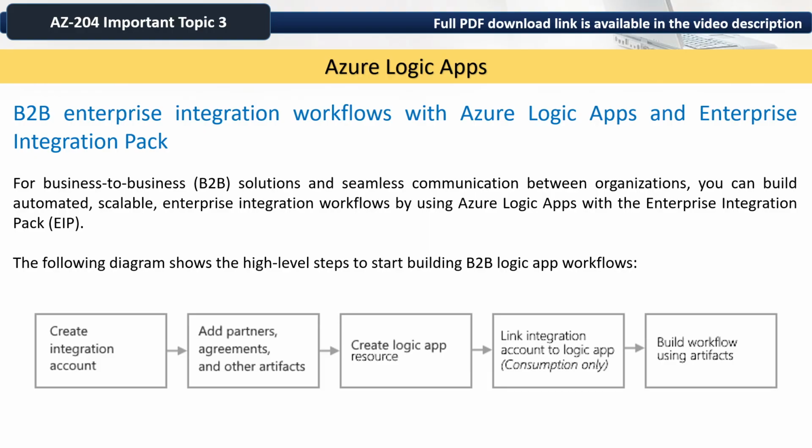B2B enterprise integration workflows with Azure Logic Apps and Enterprise Integration Pack. For B2B solutions and seamless communication between organizations, you can build automated, scalable enterprise integration workflows by using Azure Logic Apps with the Enterprise Integration Pack.